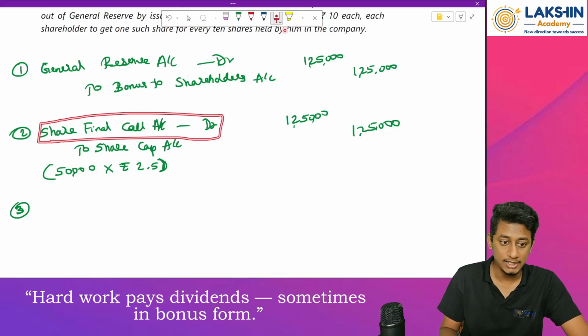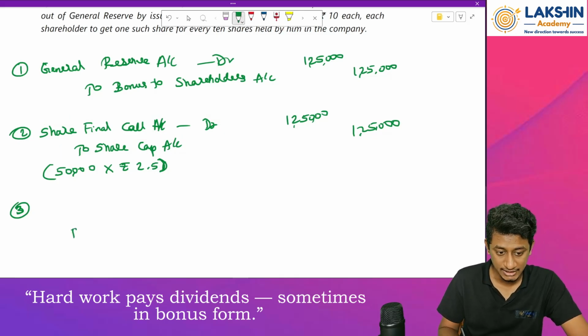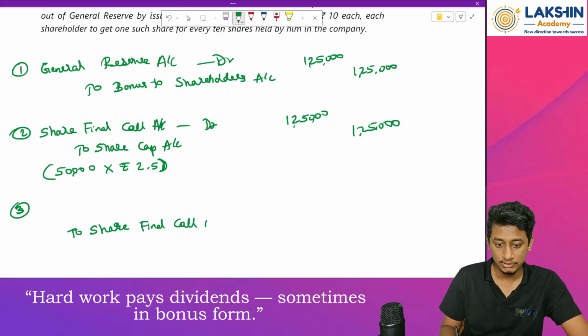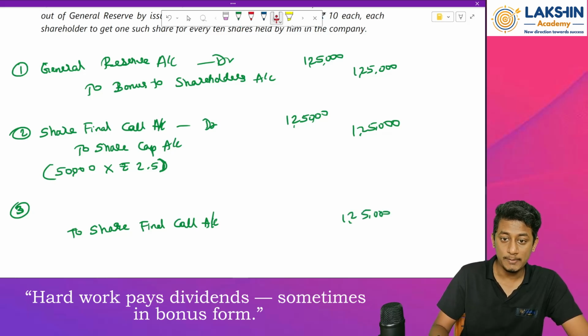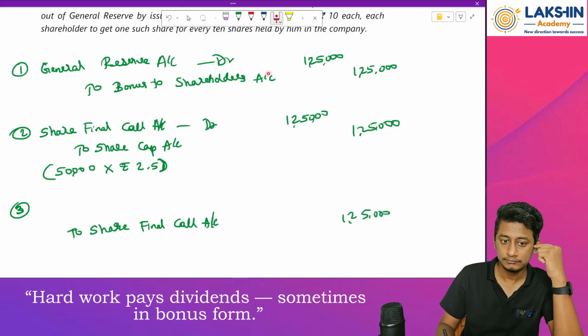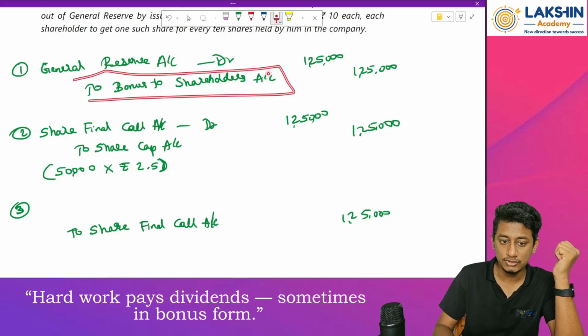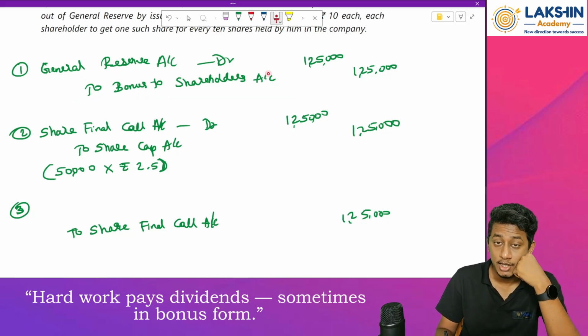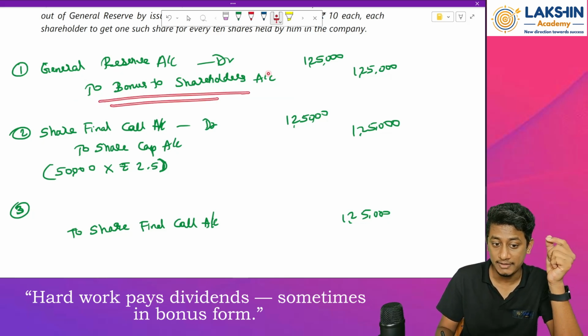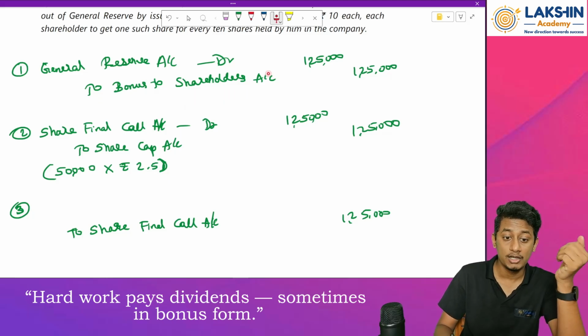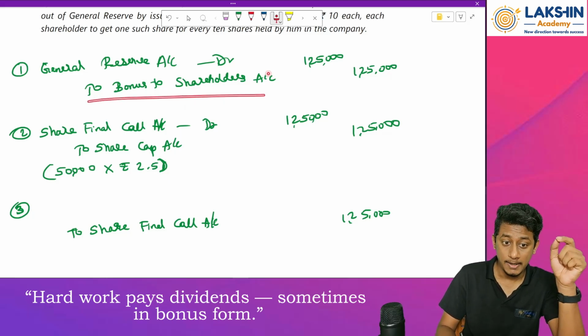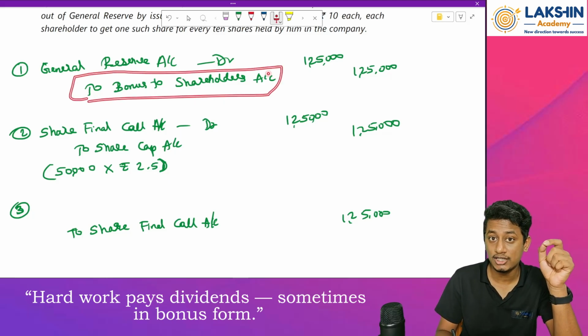Then after this, I have told you before that this account whatever you create should be cleared off, right? So how will you clear this off? By passing the entry of the credit to share final call account, rupees 1,25,000. To debit what? This bonus to shareholders has been created. Why? Because I am supposed to give the money to the shareholders, right?